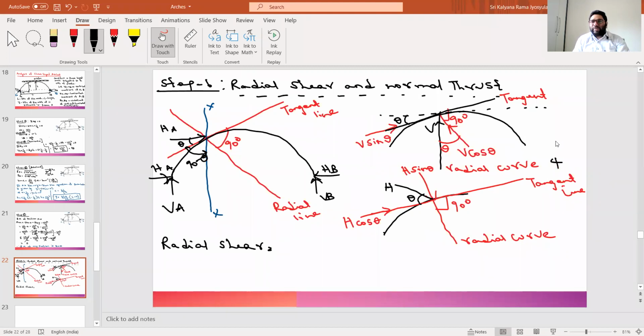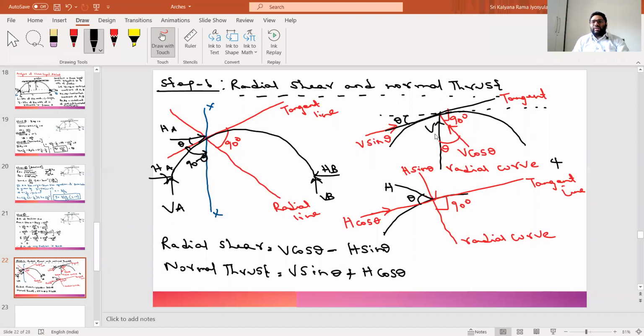So add both. V cos theta, upwards, minus downwards H sin theta. And normal thrust is V sin theta plus H cos theta.